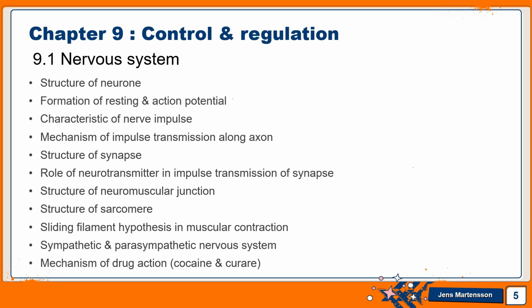When your school teacher teaches you, you have to take more effort because all of it is new to you. Okay. So this is just the first topic, the nervous system only. It is not the end of this chapter. This is just the first topic, 9.1 nervous system.